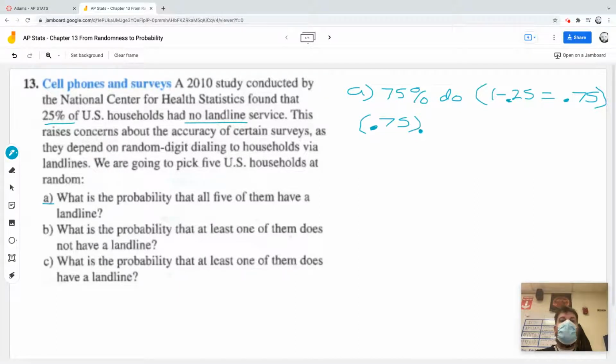Now it's saying for all 5 people, so I'm going to multiply the probability. I'm going to say 0.75 for the first one, 0.75 for the second one, 0.75 for the third one, because the question is, what is the probability of all 5 having a landline?